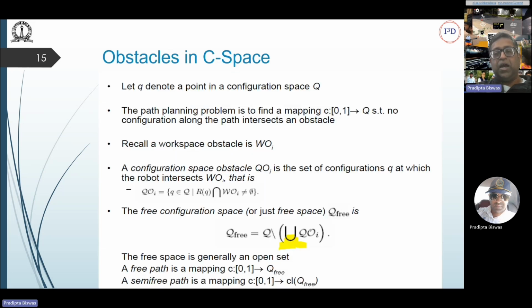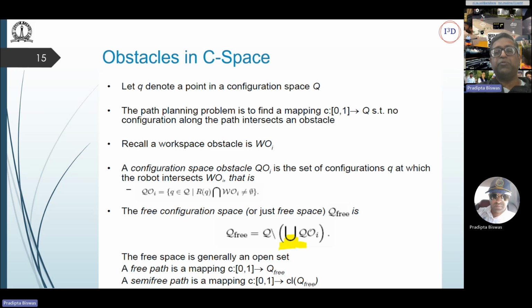And obstacles in C space: this is the set-theoretic notation, that for each obstacle, we map the obstacle points from the workspace to the configuration space and take the union of all these points. Of course, we can also have non-free space due to the robot structure, but we may have multiple obstacles.